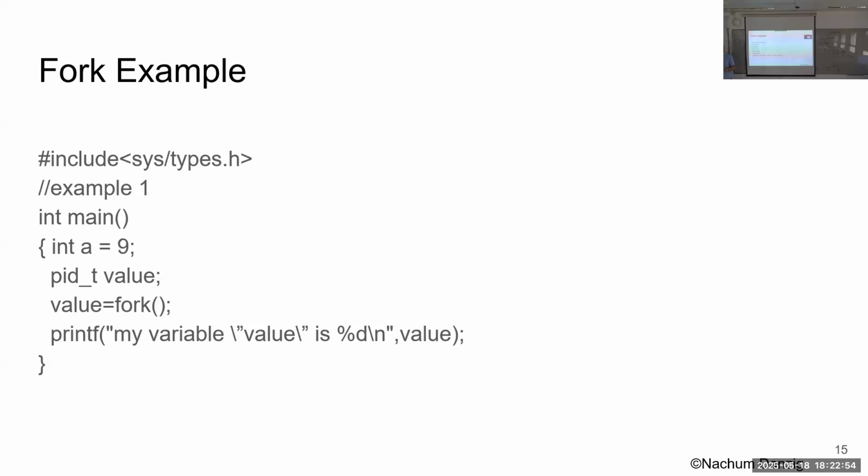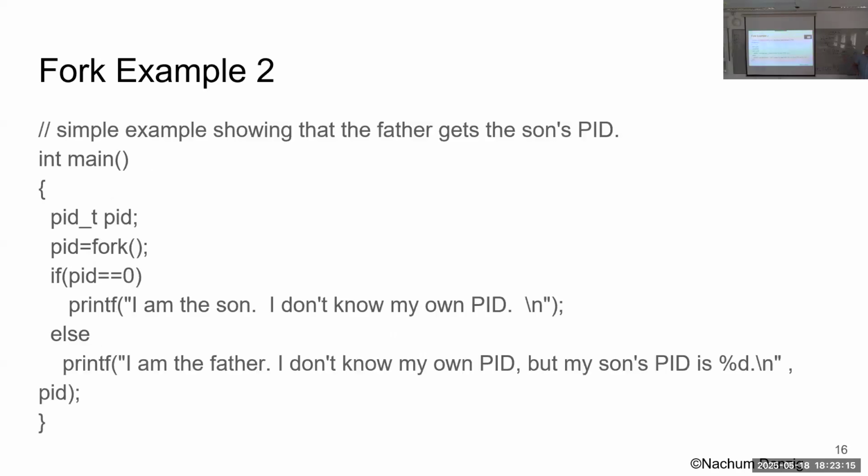And that number will be the PID of the child. So the father will get the process identification number of the child that he created. The child won't get it. Of course, he could find it out because there's a function called getpid, which I can call and then find out my PID. But the child isn't given it at this stage.